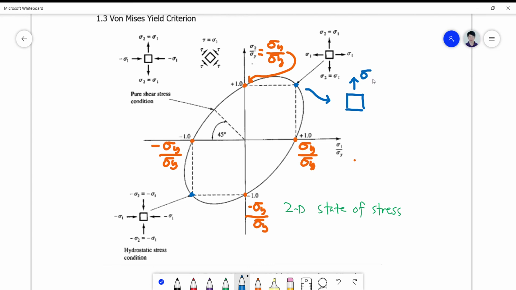So this sigma 2 is in tension, this sigma 1 is in tension.